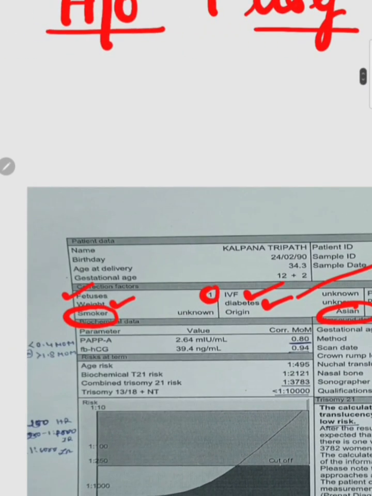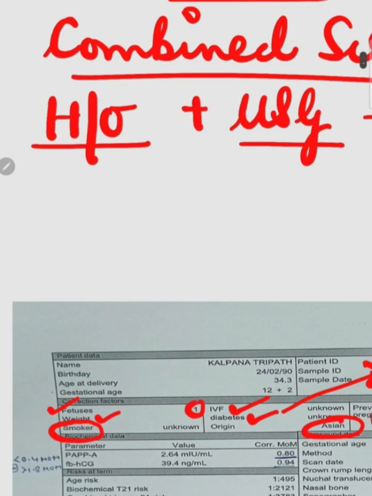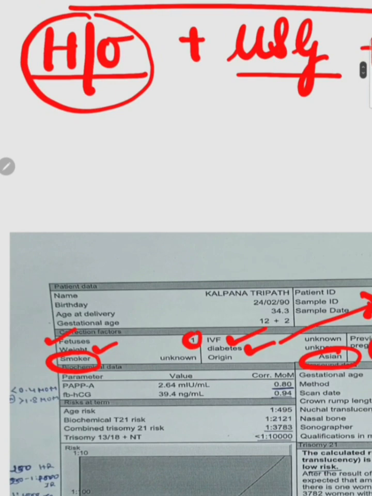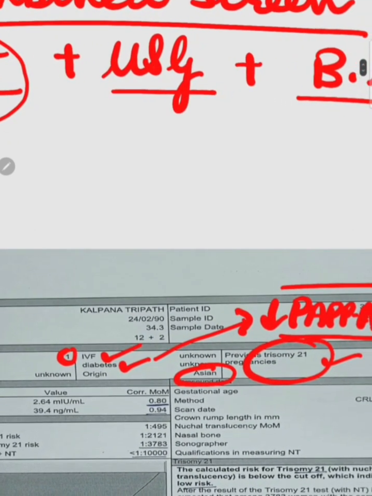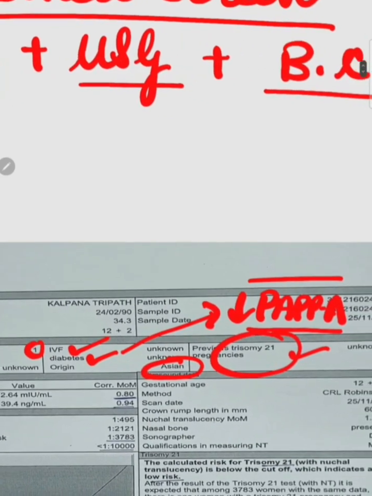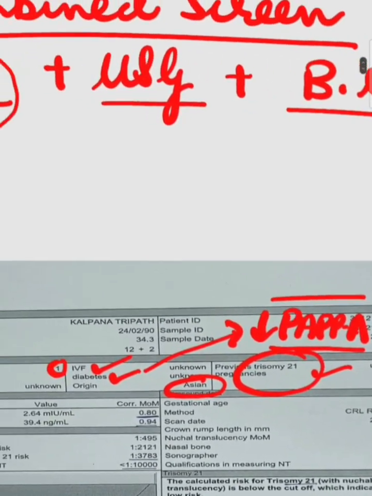So very important in examination. If they ask you about combined screening, always remember what we ask for in history: number of fetuses, weight of the mother, smoking history, whether this is an IVF pregnancy, whether there is diabetes or not, needing insulin, origin of the mother, and history of trisomy 21.